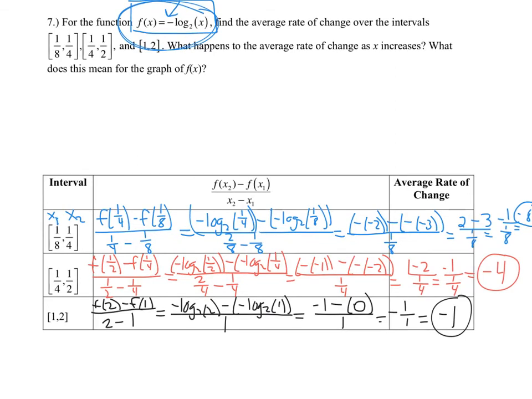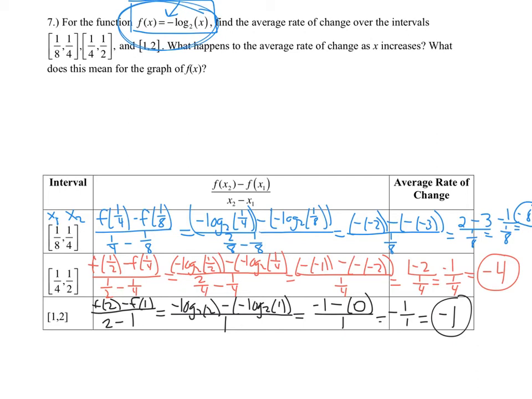So what we can see is happening is it's going down. It's half as steep, and then we jumped in our interval from 1/2 to 1, so we can see that it's just half as steep each time. If we calculated the one in the middle, we'd expect it to be -2, and then it comes down to the -1.